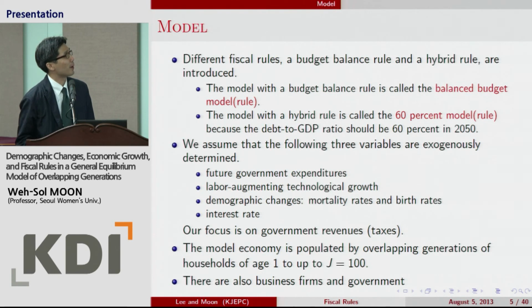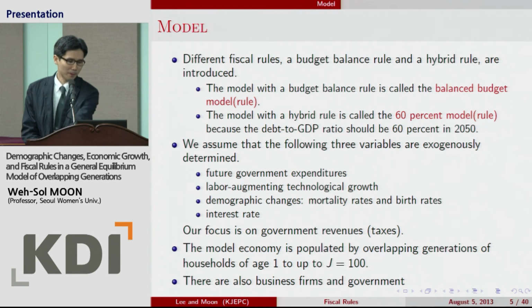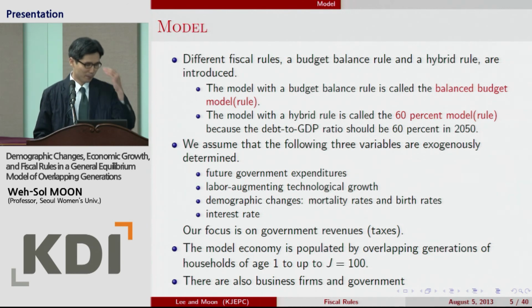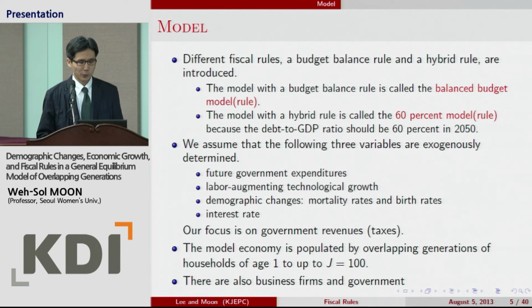Let me introduce the model. This is a conventional OLG model. I'm going to save my time. We assume the following four variables, not three, four variables exogenously determine future government expenditures.